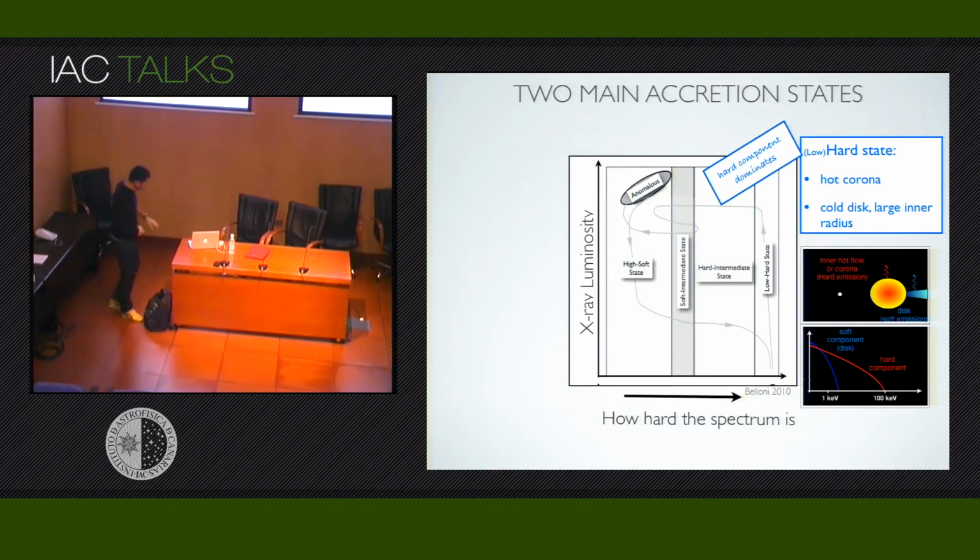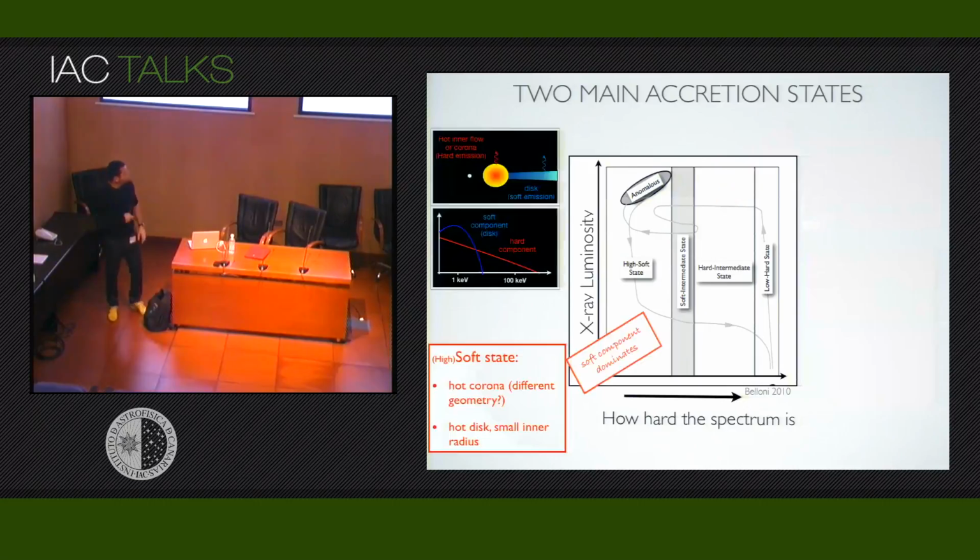However, when we move to the soft state, the system is dominated by this thermal disk component, and we believe that here the disk is not truncated, but moves all the way in to the ISCO. The ISCO is the innermost stable circular orbit allowed by general relativity. So the system configuration, the accretion regimes that we are tracking, change dramatically from one state to the other in time scales of just 10 days.